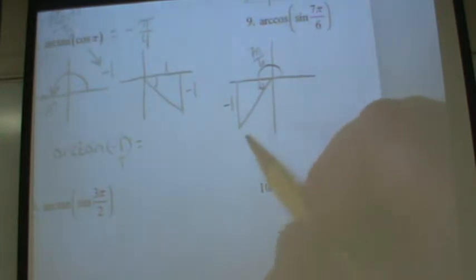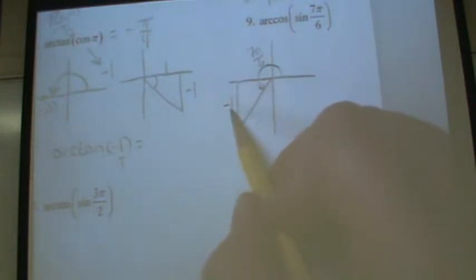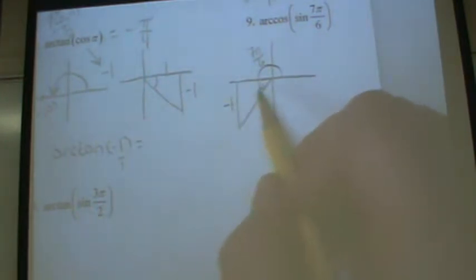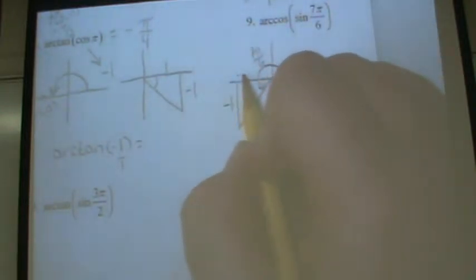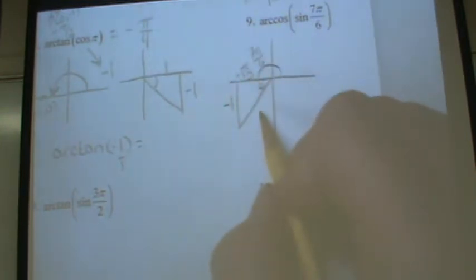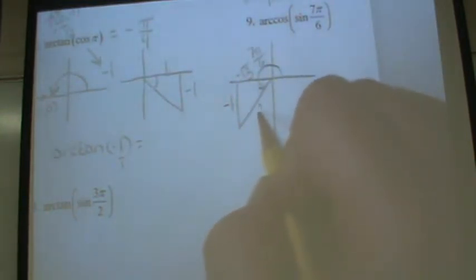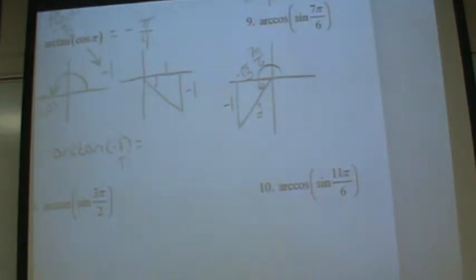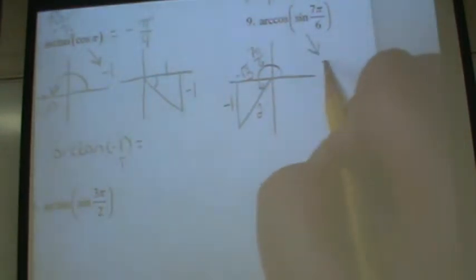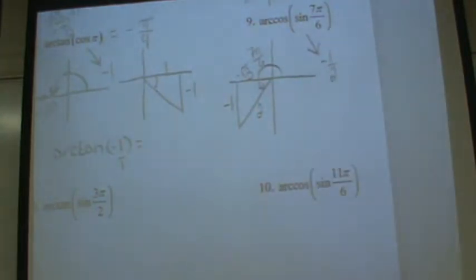Make sure you're making the proper values negative. It will make a difference. So here your y values are negative, so you have a -1. What's this side? Negative square root of 3. Again, your x values are negative. And then what's our hypotenuse? 2. So what's the sine of that triangle? So it's -1/2.